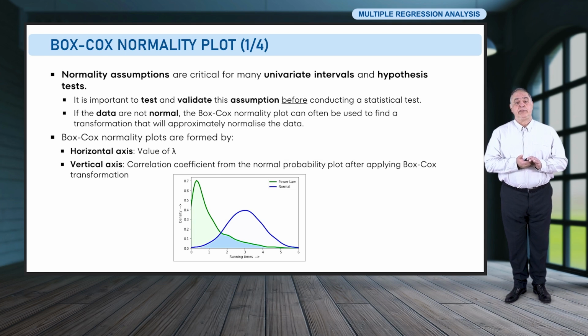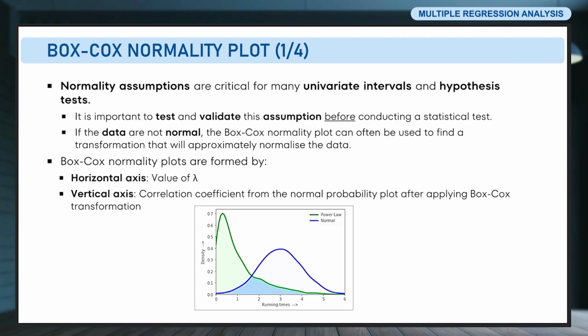Normality assumptions are critical for many univariate intervals and many hypothesis tests. So it is important to test and validate this assumption before conducting a statistical test. You may remember that we have different ways to test for normality.